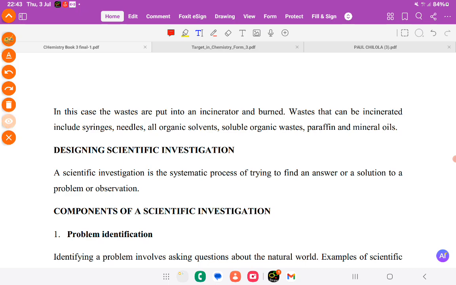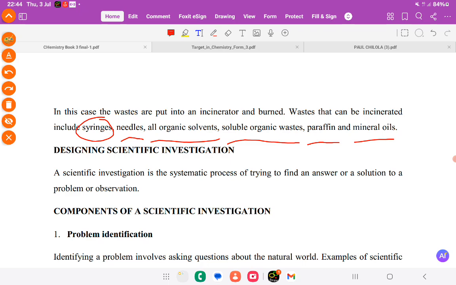Waste that can be incinerated includes, but is not limited to, syringes, needles, organic solvents, soluble organic waste, paraffin, and the mineral oils. These can be burnt, but you need to do so very carefully because most of them are combustible or flammable. So they can lead into some dangerous fires if not properly handled.